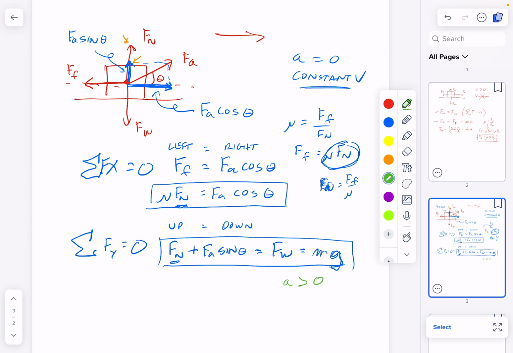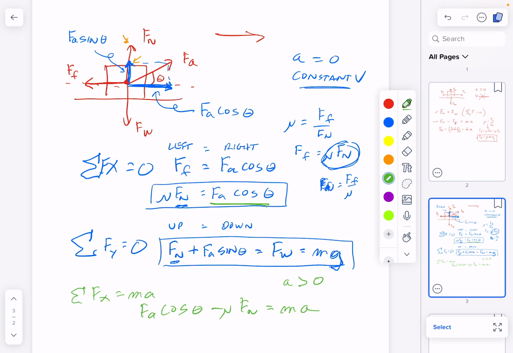And therefore, we would say that the summation of my forces in the x direction no longer equals 0, but instead it equals ma. And so I would take my bigger force going to the right, Fa cosine theta, and subtract the smaller force, mu F sub n, and that is going to equal the unbalanced force called ma.